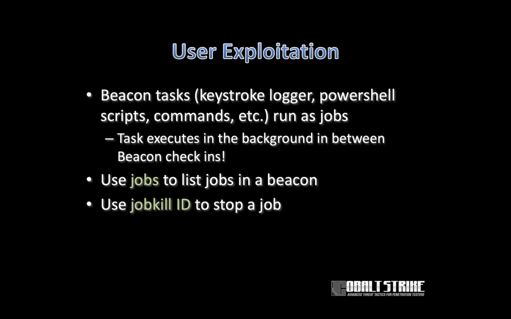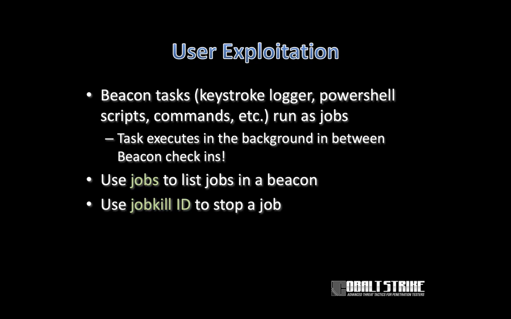Beacon tasks, this includes long-running commands and post-exploitation tools that live inside of a temporary process or remote process, run as jobs. A job executes in the background in between beacon check-ins. To see the jobs in your beacon, type jobs.